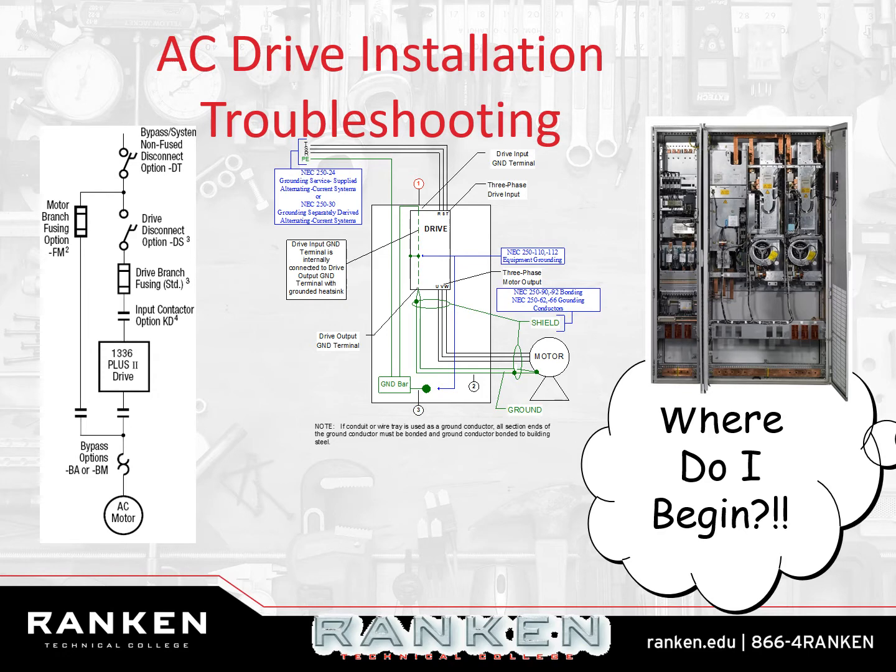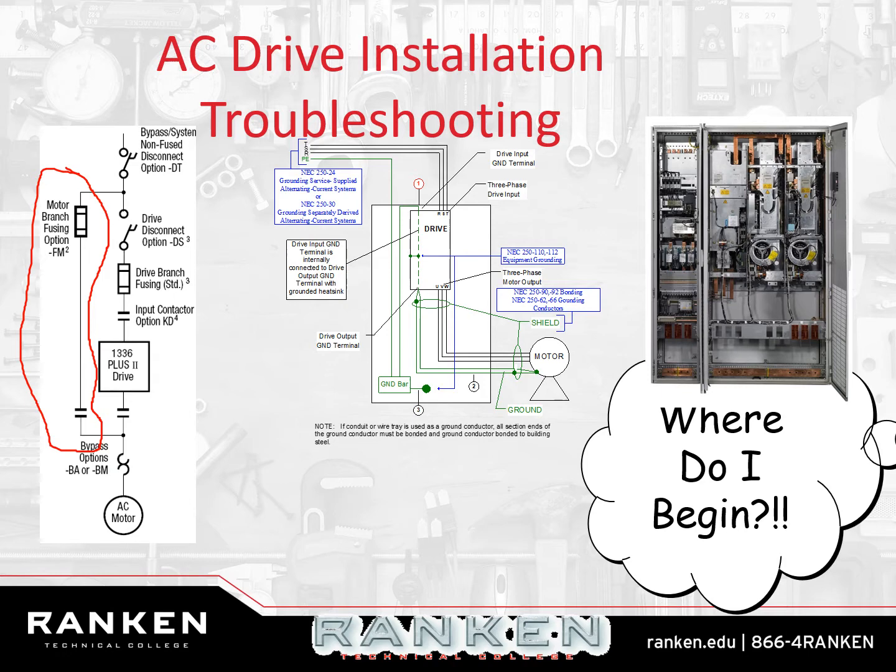If I have voltage here, and that's what we're talking about, trying to troubleshoot these drives, it's a place where you can lose voltage, or a place where you can measure voltage. Ultimately, it ends up down here. This right here, if you look, is called the bypass. The bypass is there so that we can turn off the drive and run the motor just on its own power.